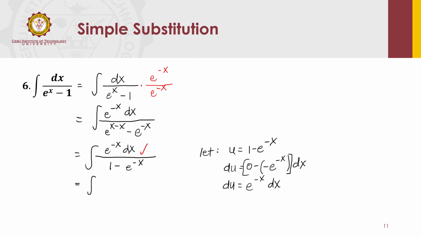So, we can substitute e to the negative x dx with du and our denominator by u. And then using the integral of du over u formula, we have ln of absolute value of 1 minus e to the negative x, plus c.